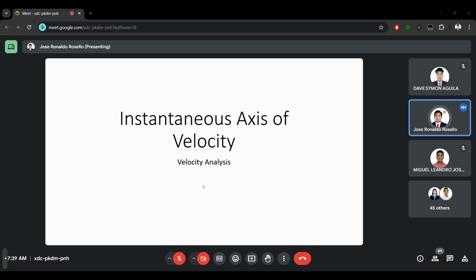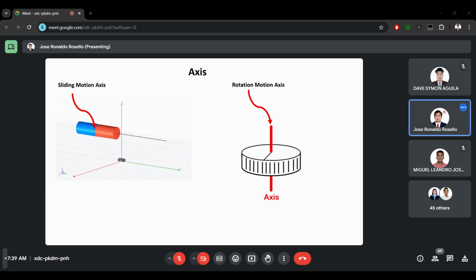In our design plate number 1, I already used this term for the slider, meaning the axis of the slider is the path where the slider acts on. Just like this one. In our design plate number 1, I described where the axis of the slider is, so you know where to place the slider. Just like this is sliding motion.